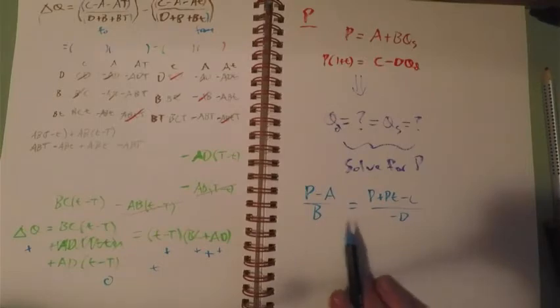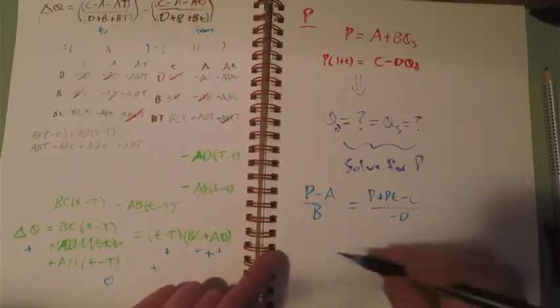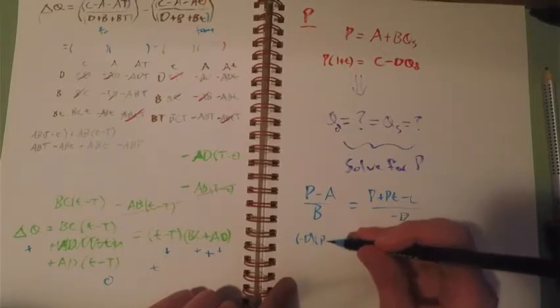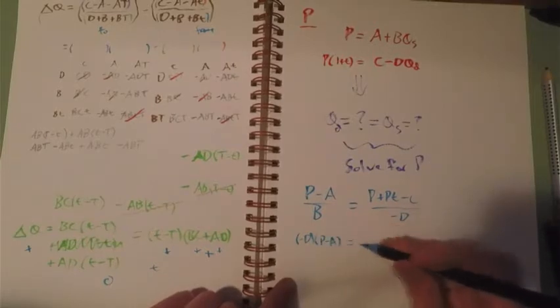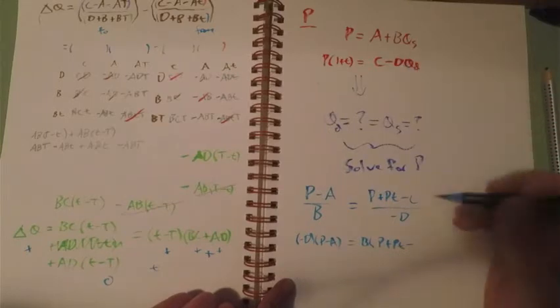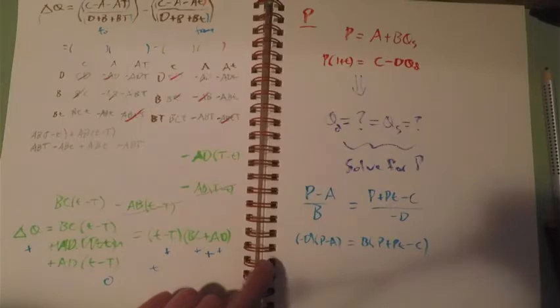A little bit of algebra. Now we want to find price on its own. I think I'm going to want to do some cross multiplying. So negative D times (P minus A) equals B times (P plus PT minus C).